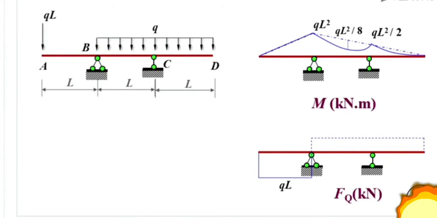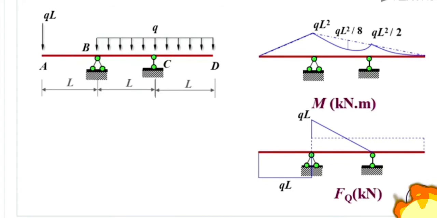For the part BC, we superimpose a straight line. Because the bending moment diagram is a parabola, its shear force diagram must be a diagonal line. We take this dashed line as a baseline and superimpose such a straight line.